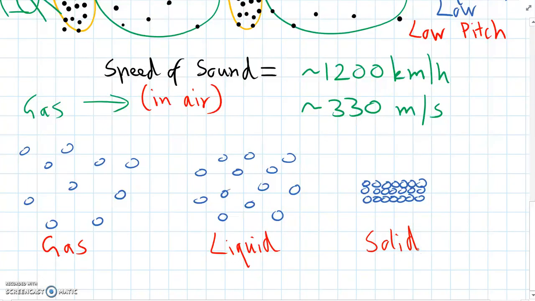So when sound moves through any of these different materials, it will move at a different speed because of one main factor. And it's because sound waves need to move by the particles crashing into each other.